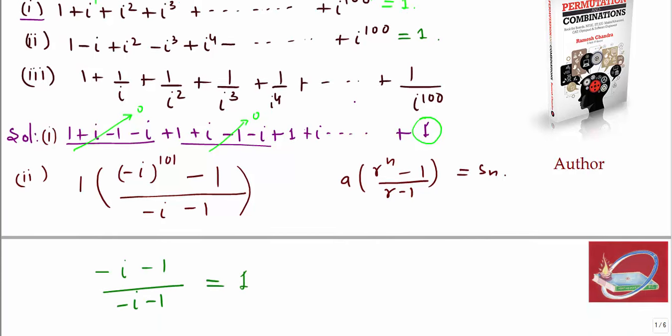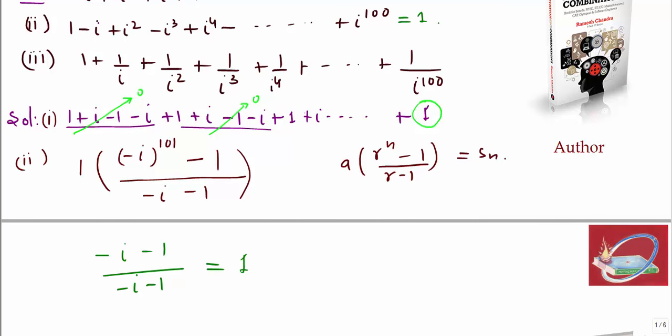You can even think in a different way. You can make pairs of 4, like you can have here 1 minus I minus 1 plus iota, and what you are getting here is equal to 0.